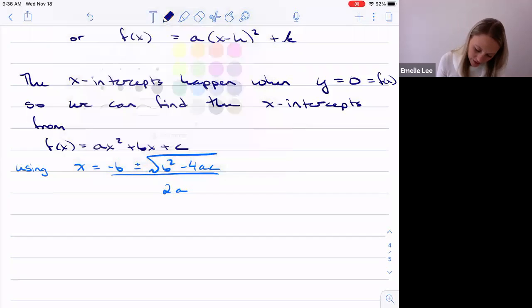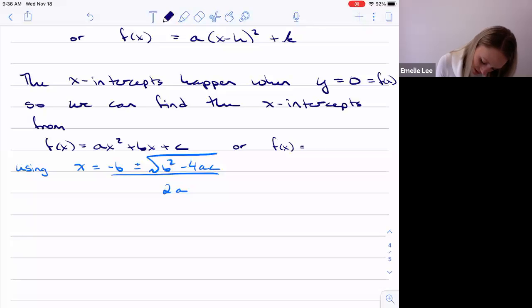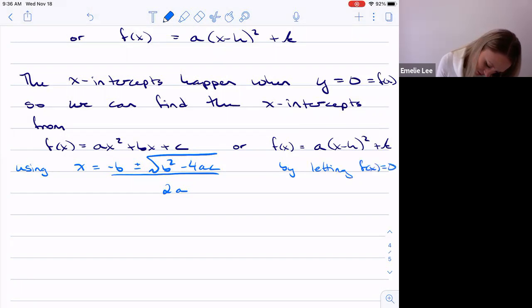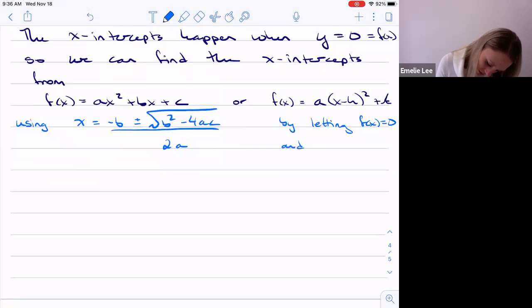Or, from f of x equals a times x minus h squared plus k, by letting f of x equal 0 and solving for x.